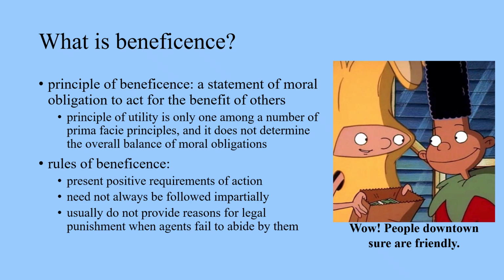In that later section where we get the differentiation between rules of non-maleficence and rules of beneficence, Beauchamp and Childress talk about how rules of non-maleficence include these different features because they're negative prohibitions of actions. They must be followed impartially, and they also provide more reasons for legal prohibitions of certain forms of conduct. Whereas rules of beneficence present positive requirements of action.